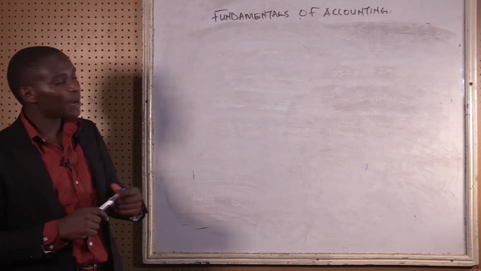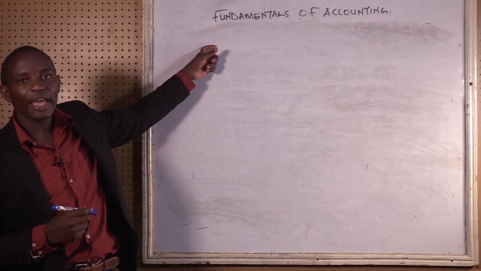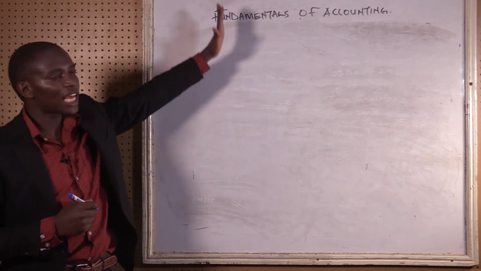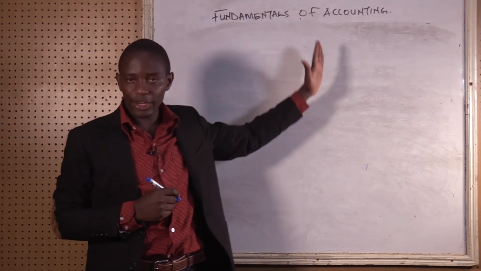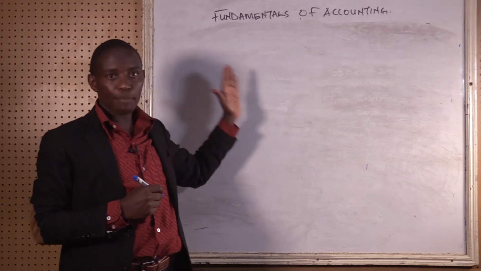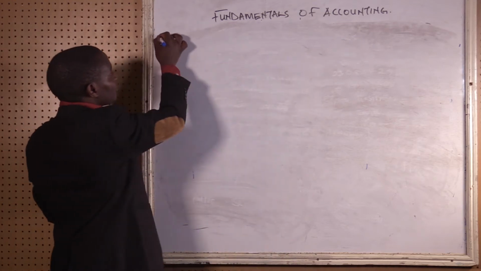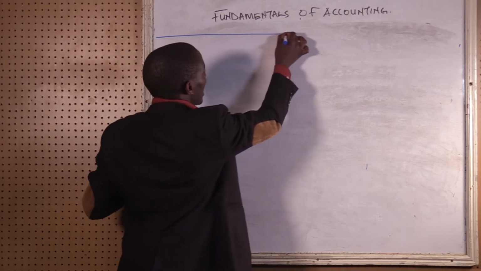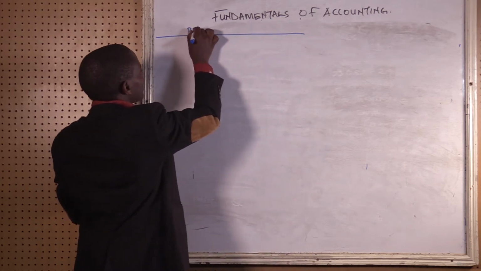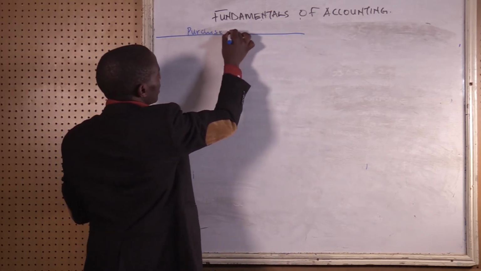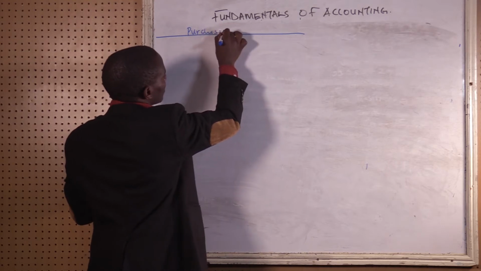When you have credit purchases, that will affect the purchases journal. So I shall open all the 4 journals so that we record them one by one. For that transaction, I will open a purchases journal.